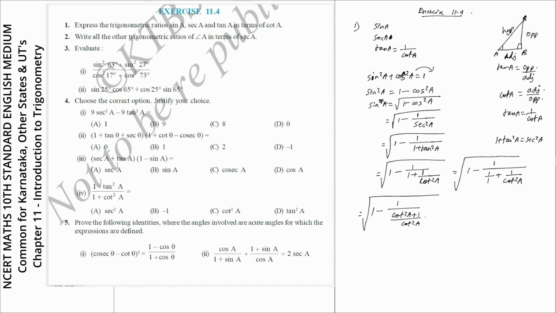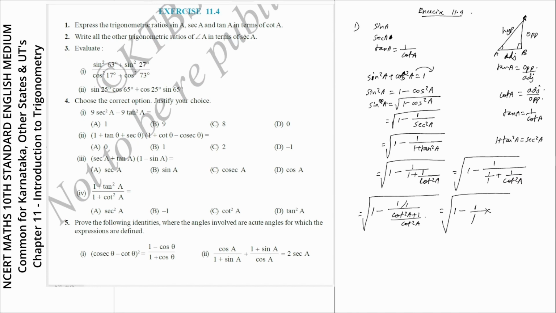Now in the numerator 1 is there, 1 means it is 1 by 1. Now this is equal to square root of 1 minus, so 1 by 1 I'll write as it is. So cot square A plus 1 by cot square A, I'll take to the numerator.